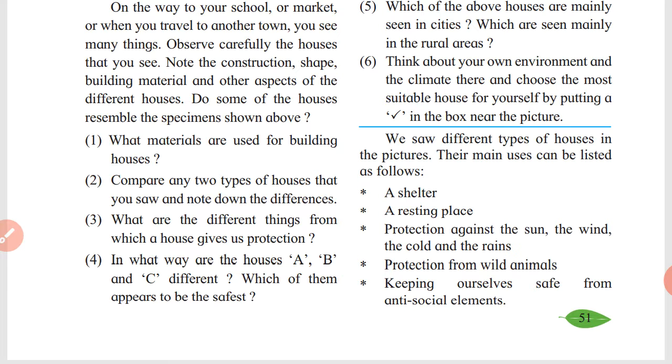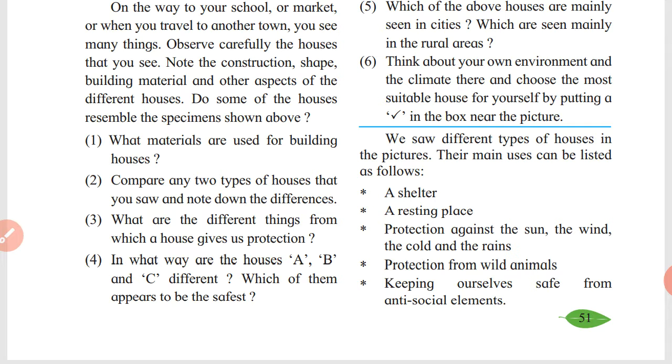Now next, we saw different types of houses in the pictures. Their main uses can be listed as follows: a shelter, a resting place, protection against the sun, the wind, the cold and the rains, protection from wild animals, and keeping ourselves safe from anti-social elements. Okay students, what is said there is that our house is a shelter place.